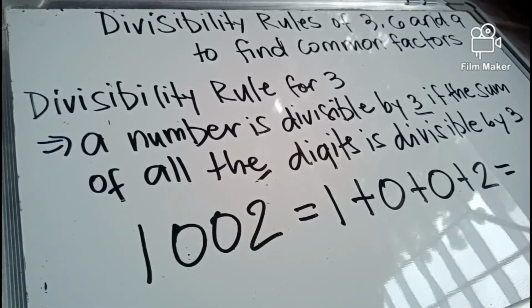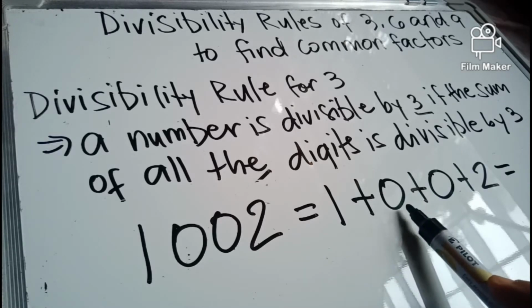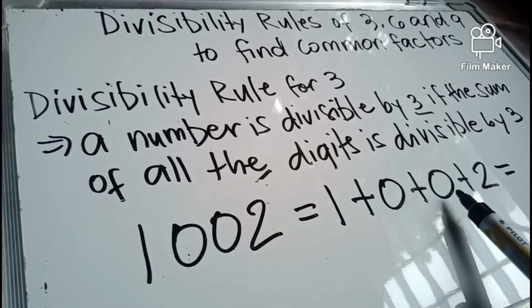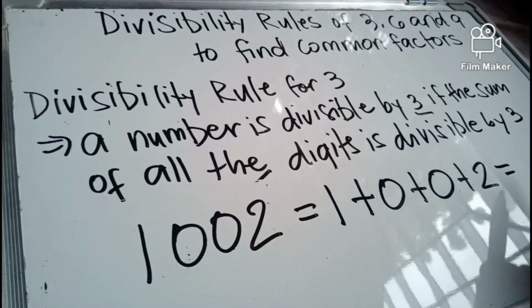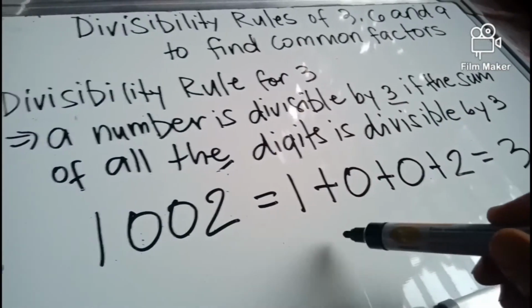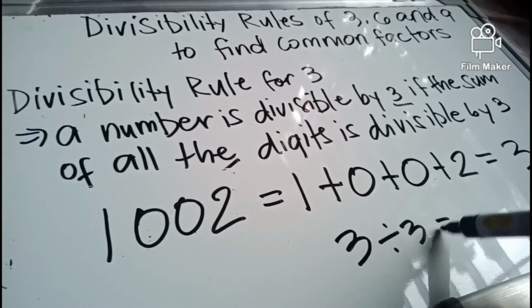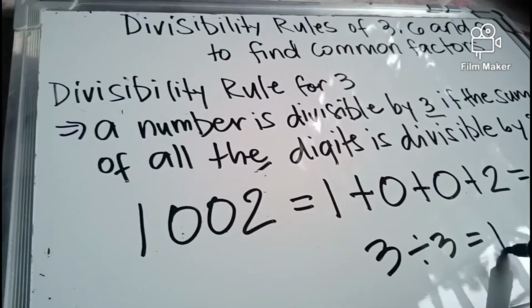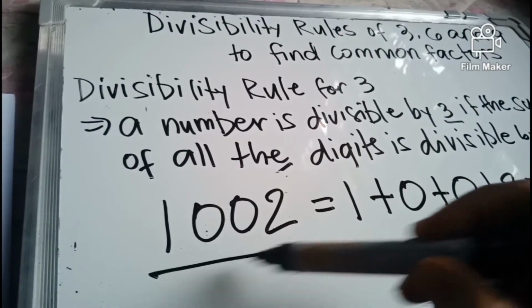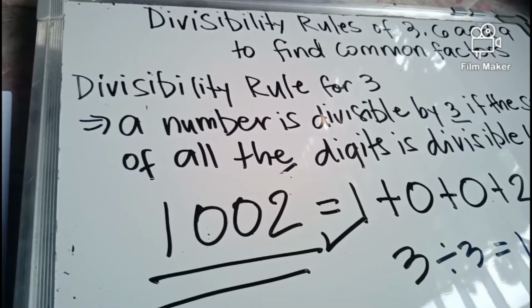Then, titingnan natin yung kanyang sum. 1 plus 0 is 1. Plus 0, 1. Plus 2 equals 3. So, yung sum niya na 3, we have to divide 3 divided by 3 equals 1. Therefore, the number 1002 is divisible by 3.